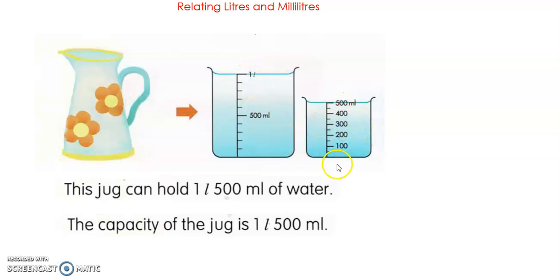And this small one is 500 milliliters. So 1 liter and 500 milliliters. So the capacity of the jug is 1 liter, 500 milliliters. I knew this because I poured the water inside this jug into these containers, which have scales on the glass, so that I can easily see what's the capacity of the water inside this jug.